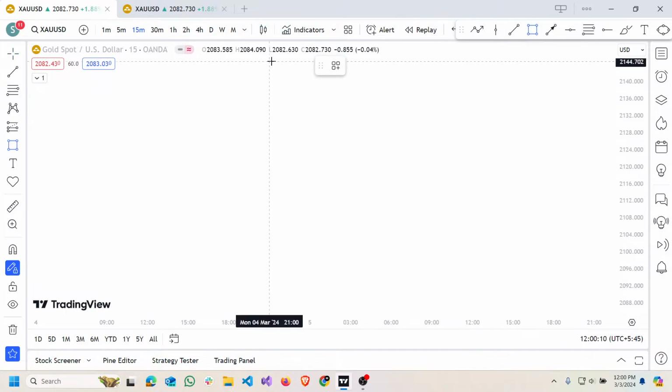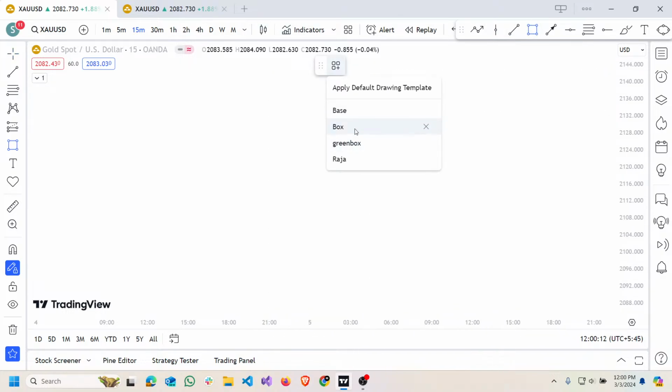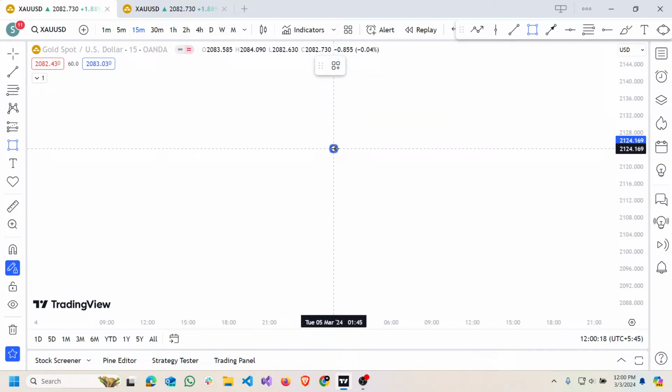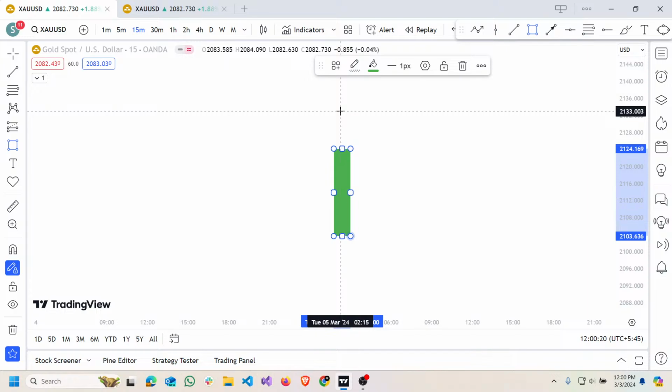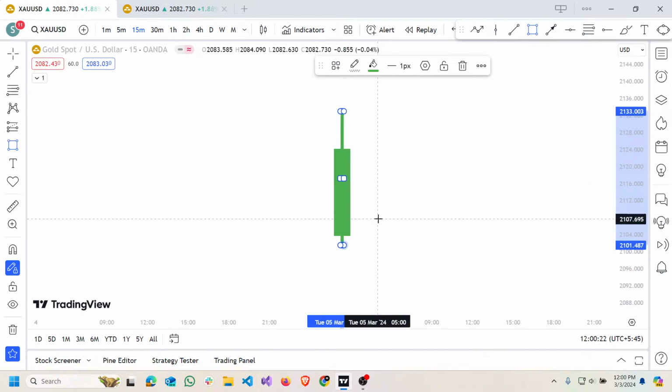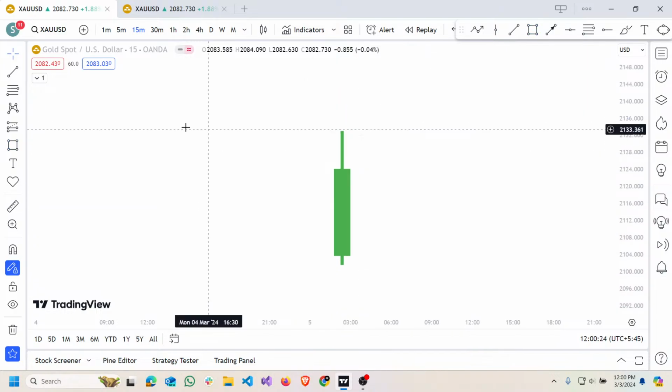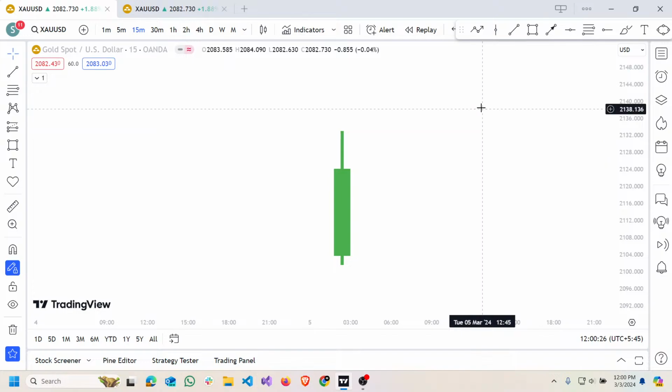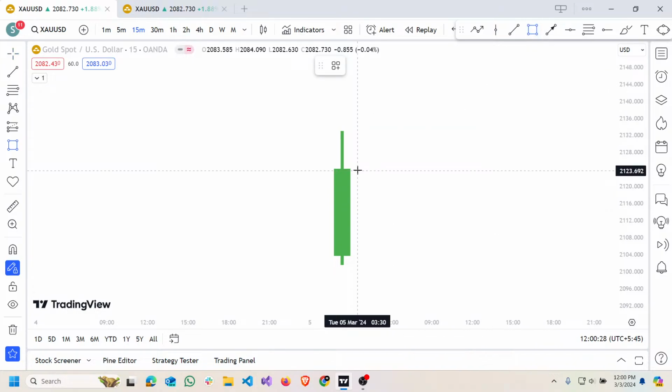So my setup is basically simple. It's basically a weak entry or weak fill, you can say. So if the candle is like this, closed like this, and the next candle comes down to create a bottom wick first, then I'm going to buy here.